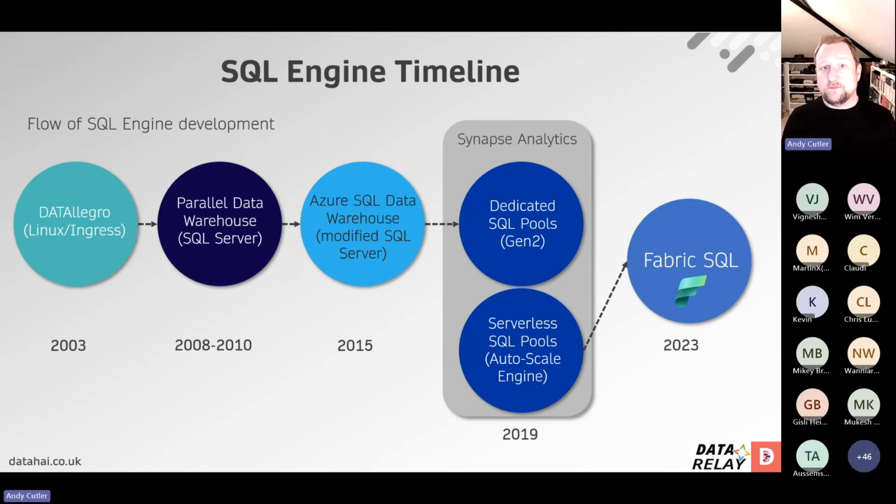So you can't set anything to say, well, this is how much compute I want to run in SQL. That's all being abstracted to a higher level in terms of the Fabric compute itself. So there's the timeline in terms of how we've kind of got to where we are.